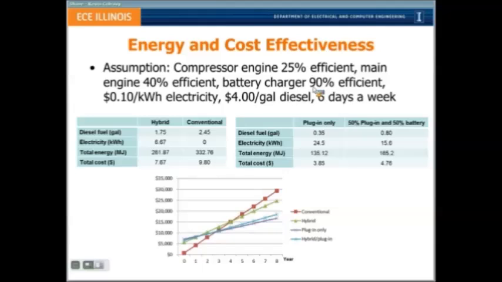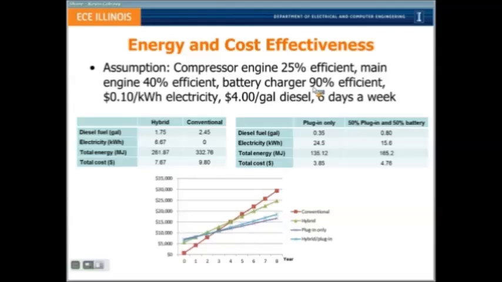The graph shows for the first 8 years, the conventional system starts with the minimum cost at the beginning, but in the end, it had the highest cost. The others have a higher initial cost, like the battery pack, chargers, and other power electronics. But with time, after 3 years, the plug-in option already beat the conventional system. After 4 years, the hybrid system is also better than the conventional.